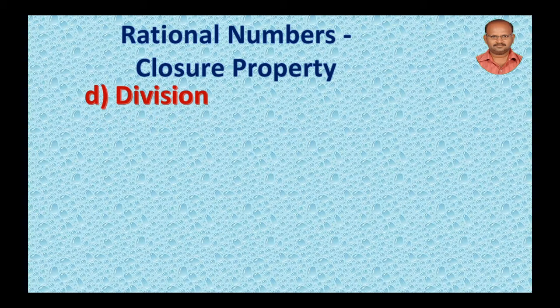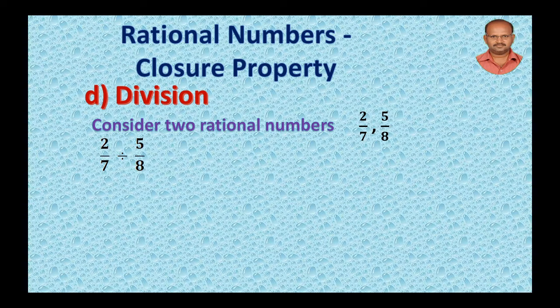Then go to division. Taking two rational numbers, that is 2/7, 5/8. 2/7 divided by 5/8 is equal to 2/7 into 8/5.